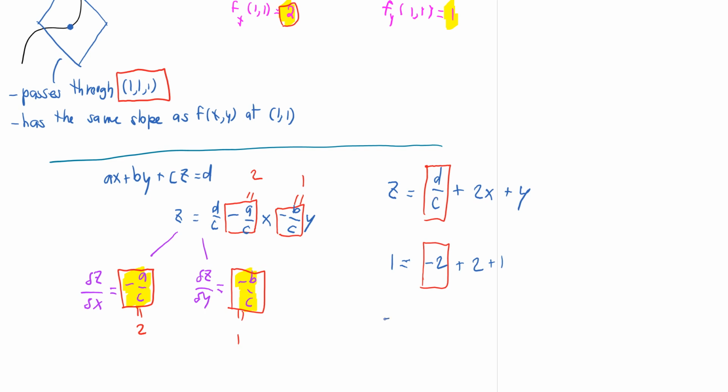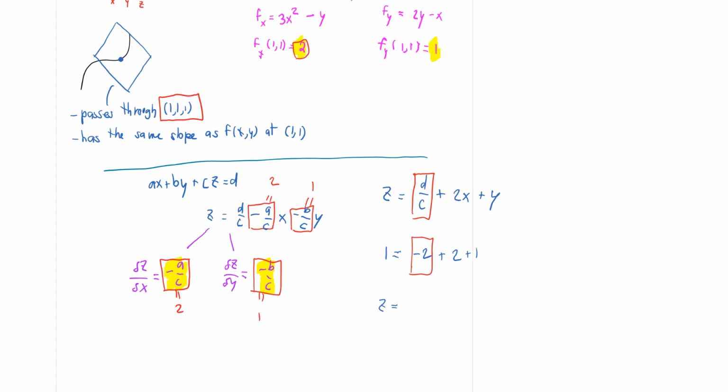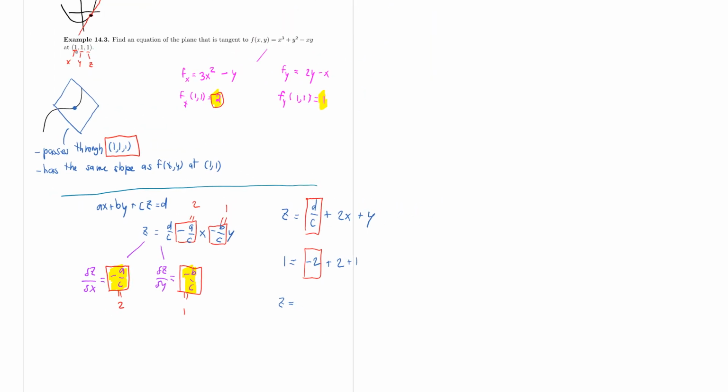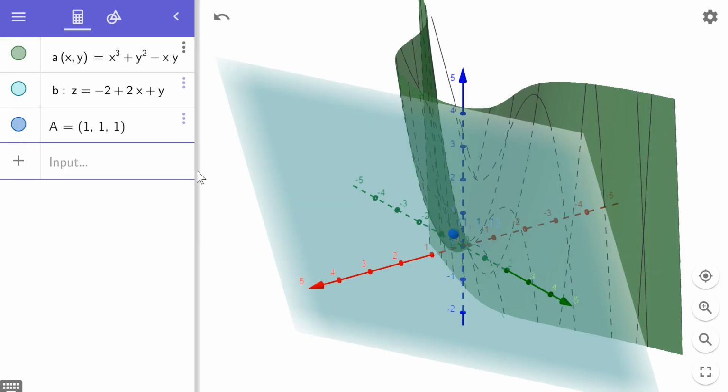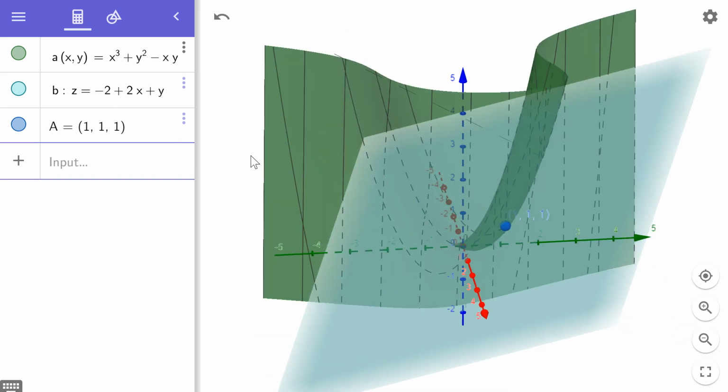That means I can conclude that the equation of the plane that is tangent to this function at the point (1, 1, 1) is just z = -2 + 2x + y. And indeed, this is the plane that we were looking at earlier.